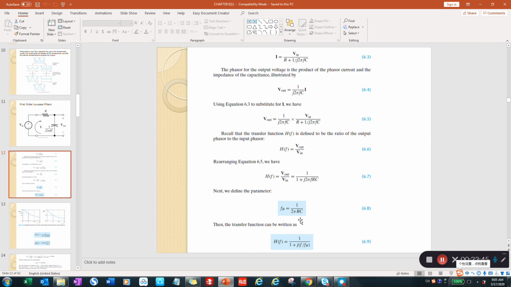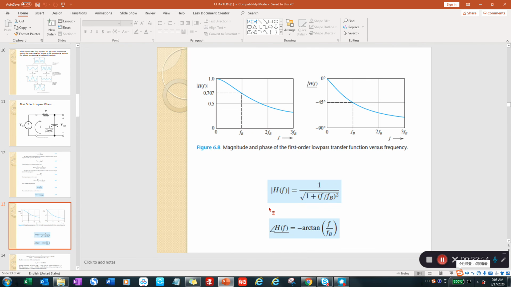properties of the circuit. Then after we figure out the transfer function, we can separate the amplitude and the phase angle. The left-hand side graph represents the amplitude. The right-hand side graph represents the phase angle.